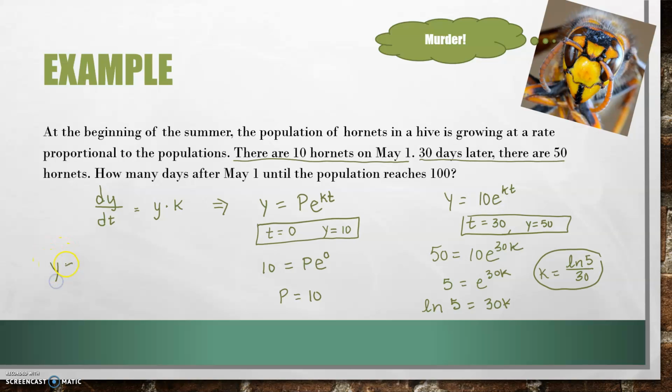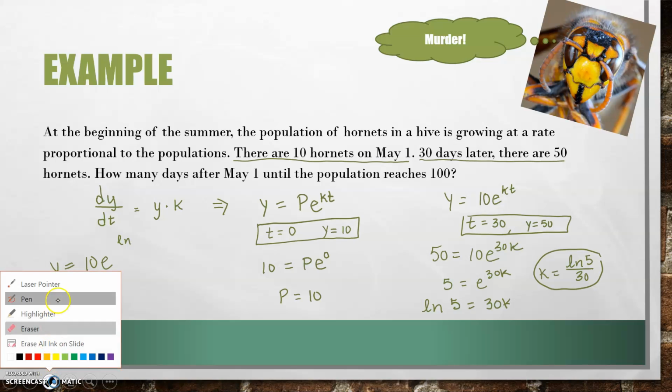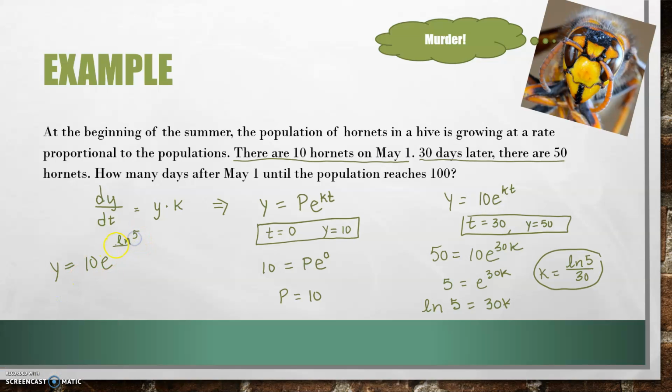We have y equals 10 e to the natural log of 5 over 30 times t. And our question is, how many days after May 1st until the population reaches 100?